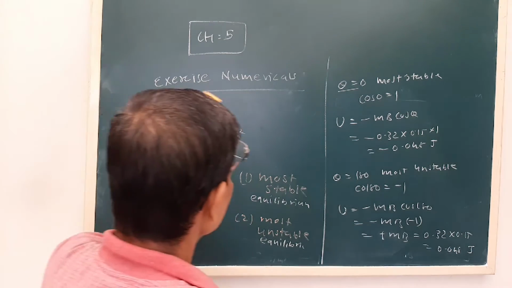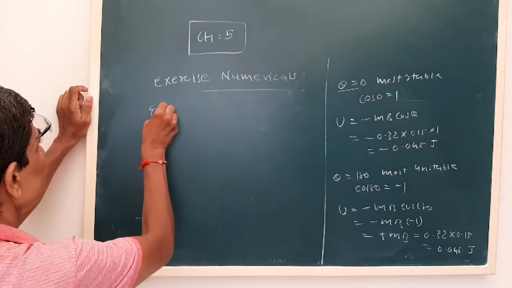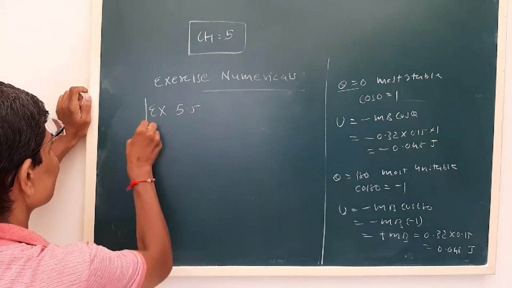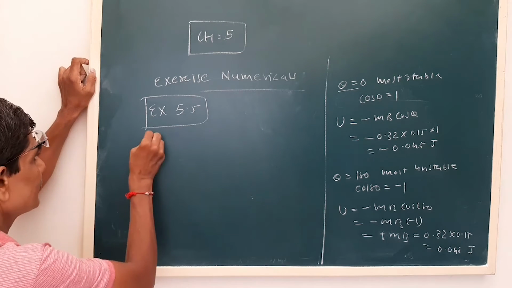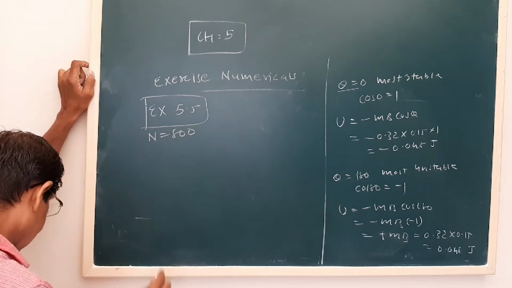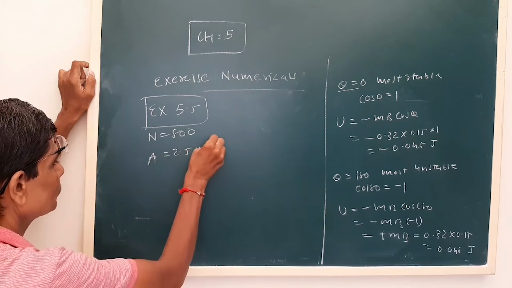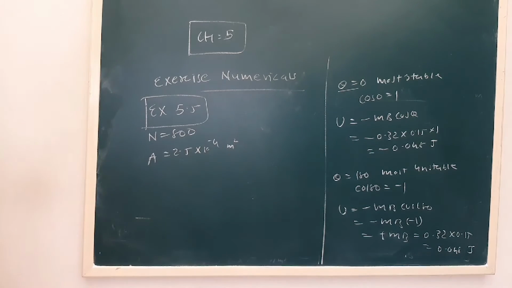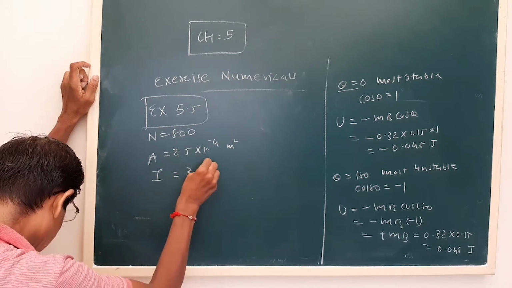Now see exercise numerical number 5.5. Now see, a solenoid has a number of 800 turns and area is 2.5 into 10 to minus 4 meters square. Okay, now current passed is 3 ampere.